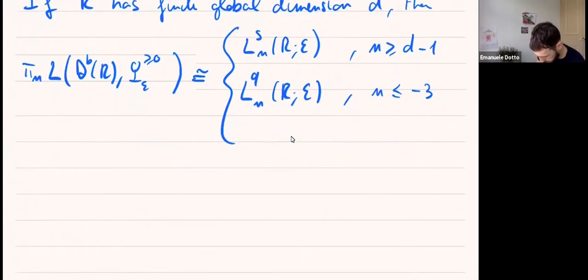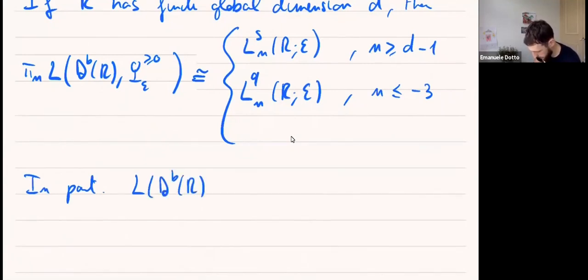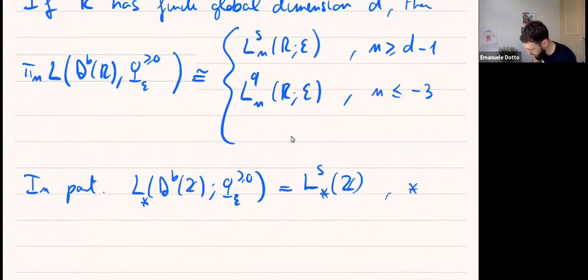So in particular, for example, L-theory for Z is the usual symmetric L-theory of Z in degree star for non-negative star. And these have been computed by Hermitian.